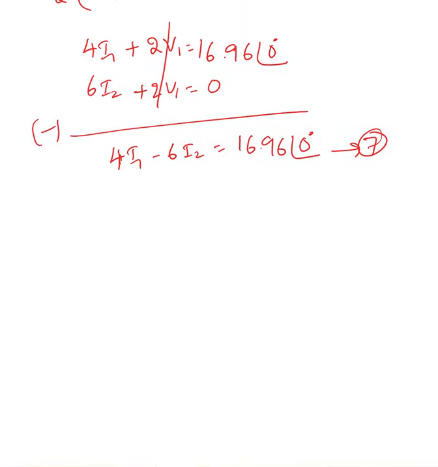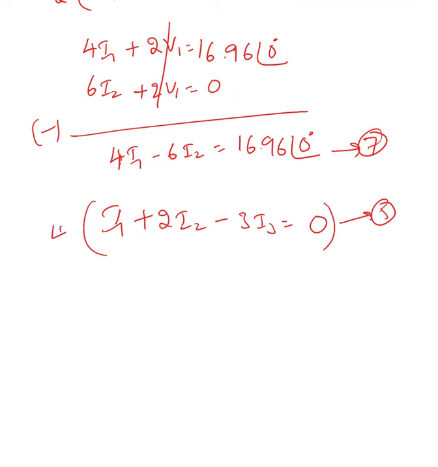This is my fifth equation. I'm going to multiply this with 4 to eliminate I1. So this will be 4I1 plus 8I2 minus 12I3 equal to 0.